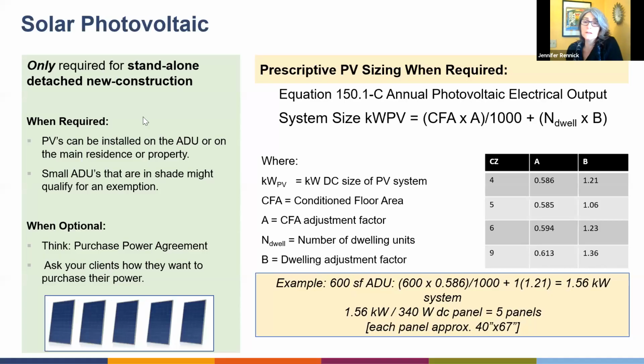You would want the new panels on your main house to be rolled into your permit for your ADU, so that the plans examiner could see you've met that requirement for the PV, but it's going to be on the main house. And that's fine. You can do a ground mount for that matter if you have the property for it.